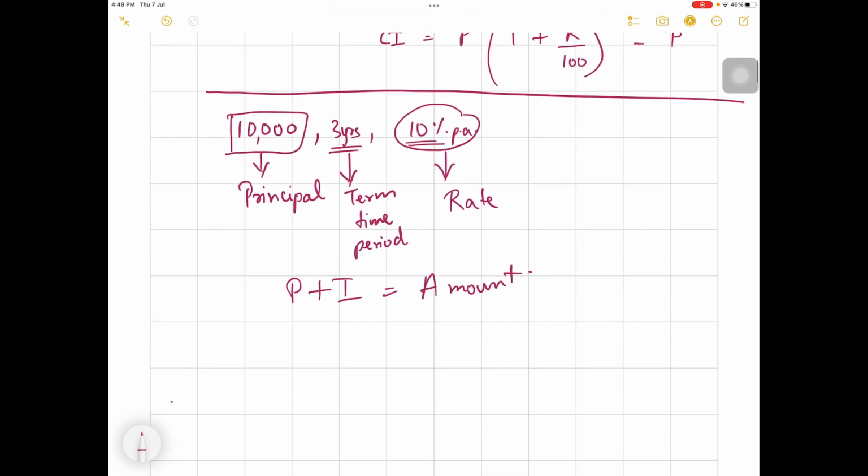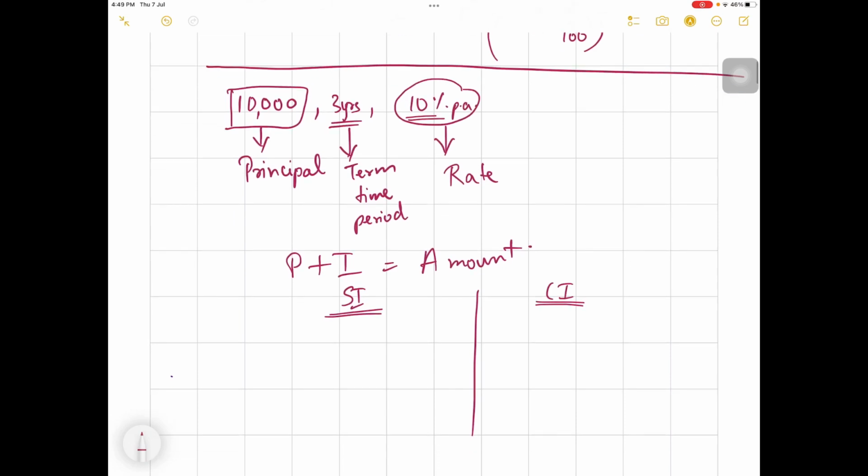The difference between simple interest and compound interest is that in simple interest you earn interest on the principal amount, and in compound interest you earn interest on interest. Suppose in year 1 I have borrowed 10,000.